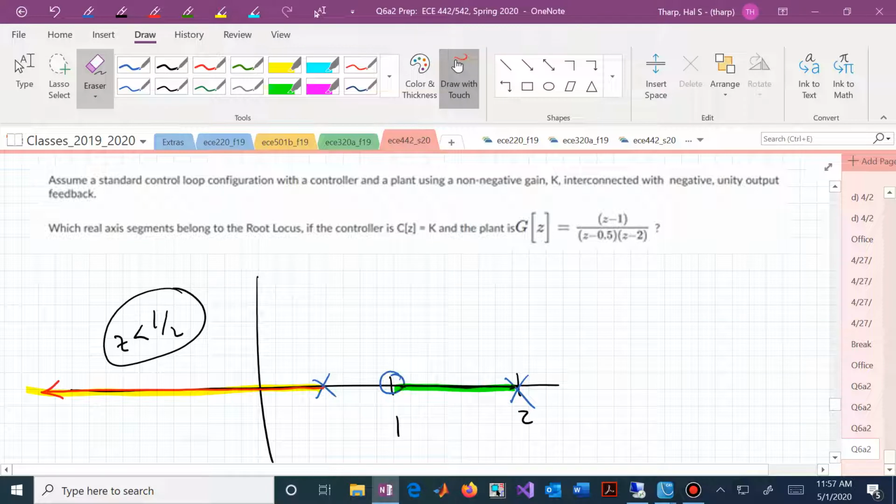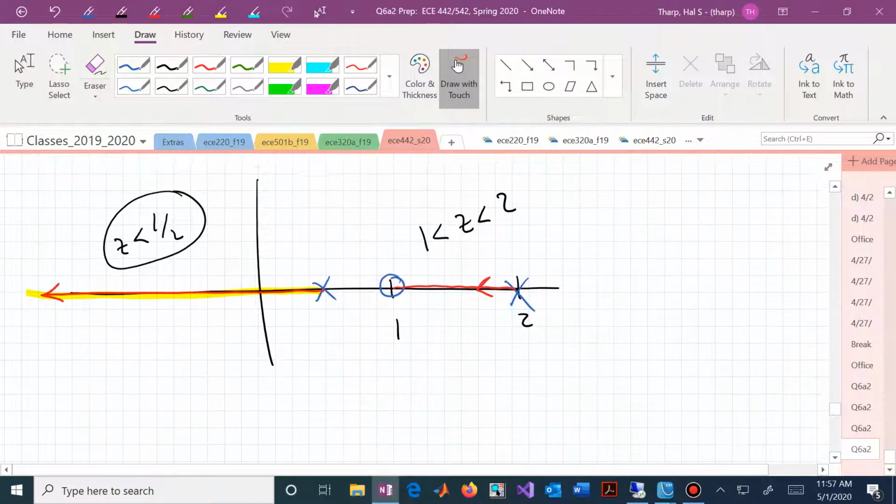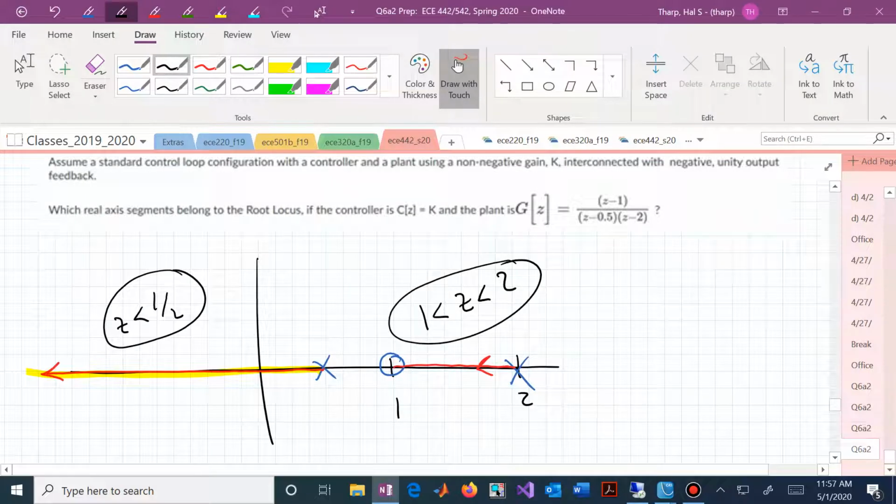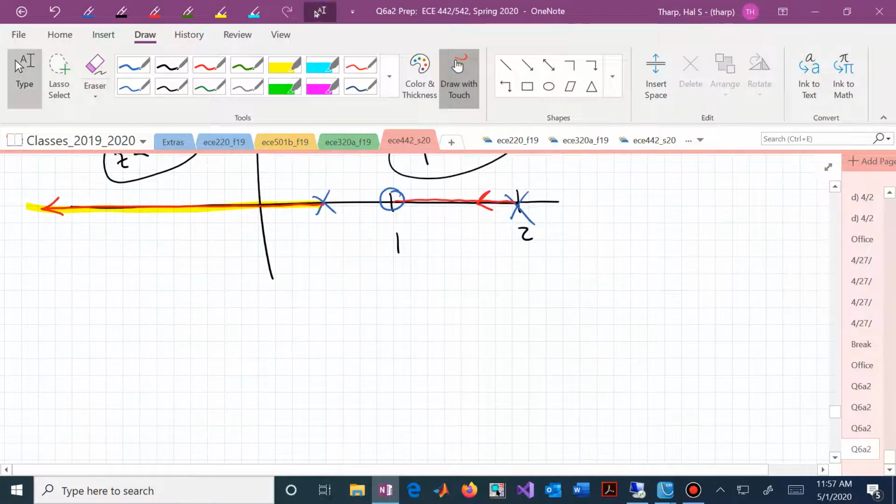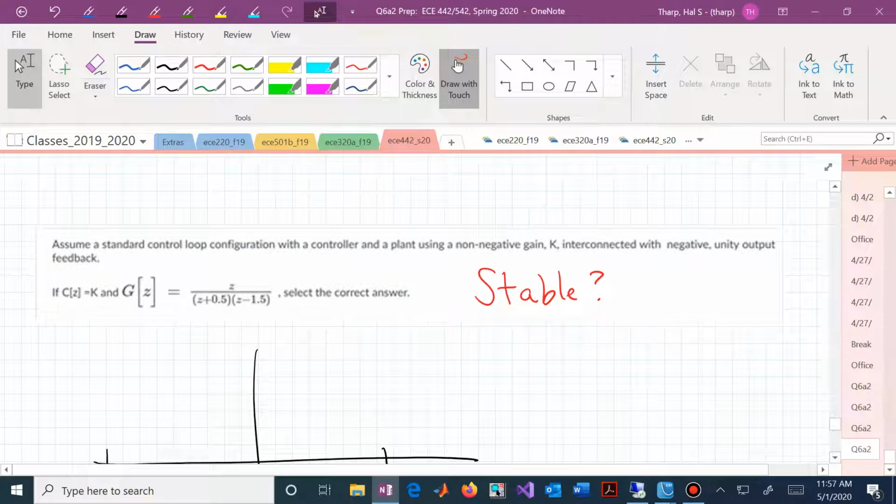Maybe that's the wrong color to use, and I'm not going to be able to erase that very effectively. We have another segment here between 1 and 2. Those are our 2 answers, and you would want to click or indicate both of those options.